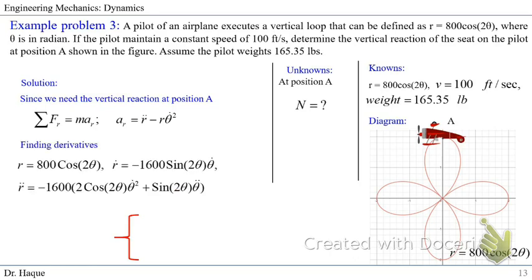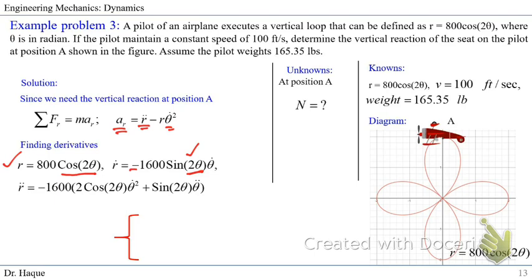So finding the derivatives. To find ar, we need to find these derivatives here. r is given as 800 cos 2θ. If I take the first derivative, cos 2θ gives negative sin 2θ. That's why we have the negative. And for the chain rule, we have to take the derivative of 2θ, which gives us another 2.